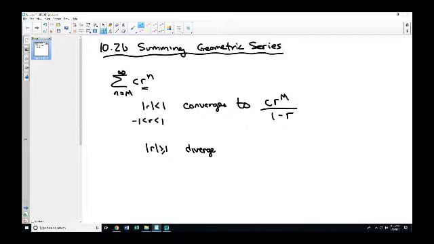That's the structure behind geometric series convergence. All you're looking at is the R. If R is between -1 and 1, it converges. If it's bigger than or equal to 1, it diverges.